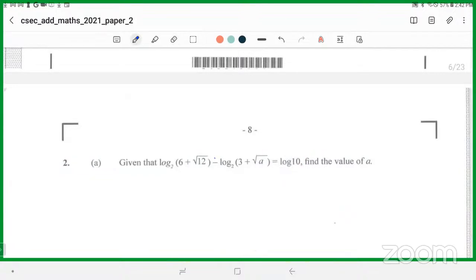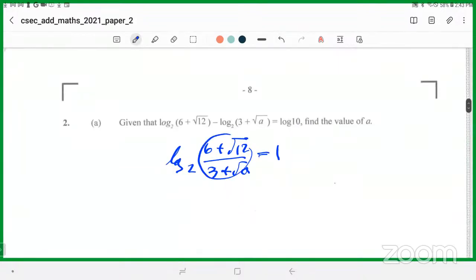Then this minus means that I take the log of the quotient. So this expression becomes the log to base 2 of 6 plus root 12 over 3 plus root a equals 1.